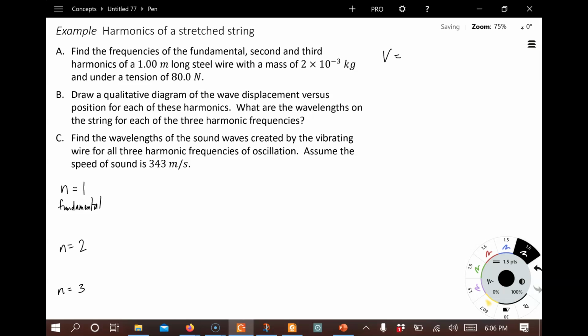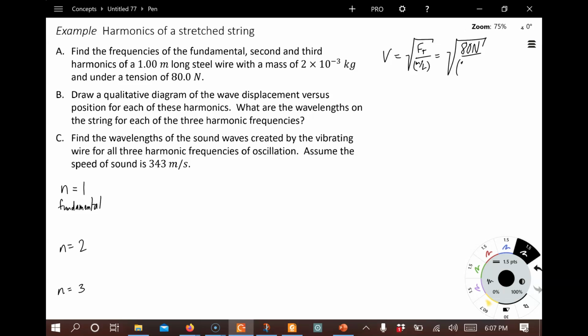Speed of the wave is equal to the square root of the tension in the string divided by the linear mass density, which is the mass per unit length. We're given these quantities, so it's going to be the square root of 80 newtons, the tension, divided by 2 times 10 to the minus third kilograms for a 1 meter long string.